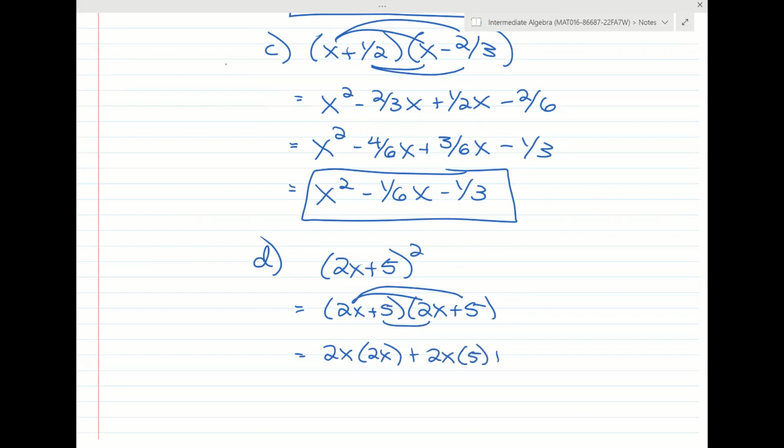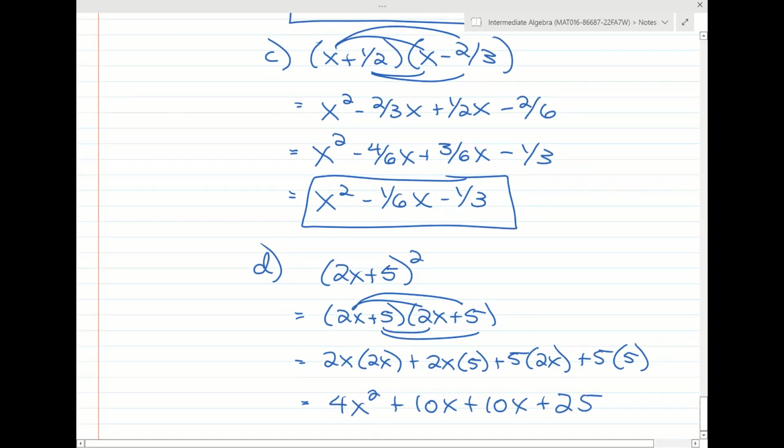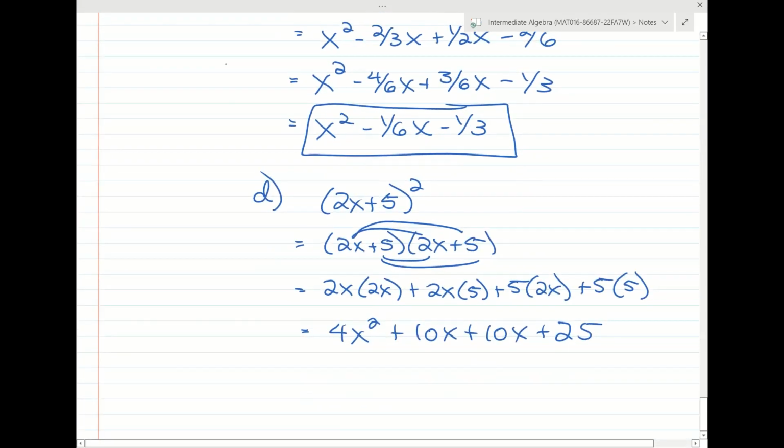And then 5 times 2x. And then 5 times 5. And this is 4x squared plus 10x plus 10x plus 25, giving us 4x squared plus 20x plus 25.